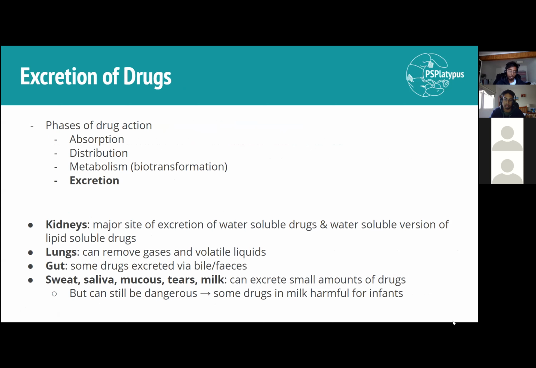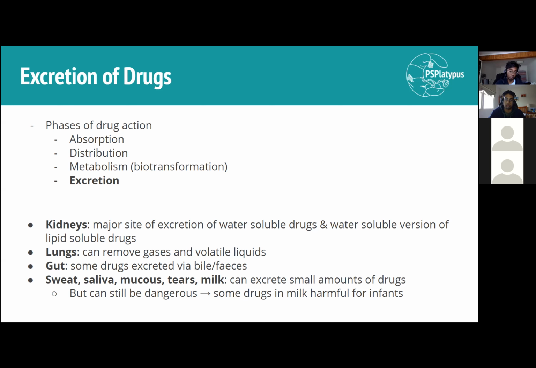All right, so the final part about excretion. There are multiple different organs that excrete stuff from the body. So the kidneys, major site of excretion of water-soluble drugs. Previously, we talked about how the liver can turn drugs to become more water-soluble so they can be excreted.